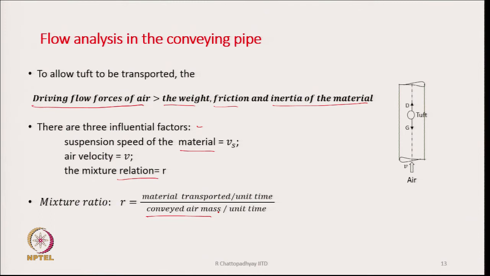This ratio is very important. These are the three factors which are important when you try to convey any material through a duct: suspension speed, the velocity of the air, and the mixture ratio.